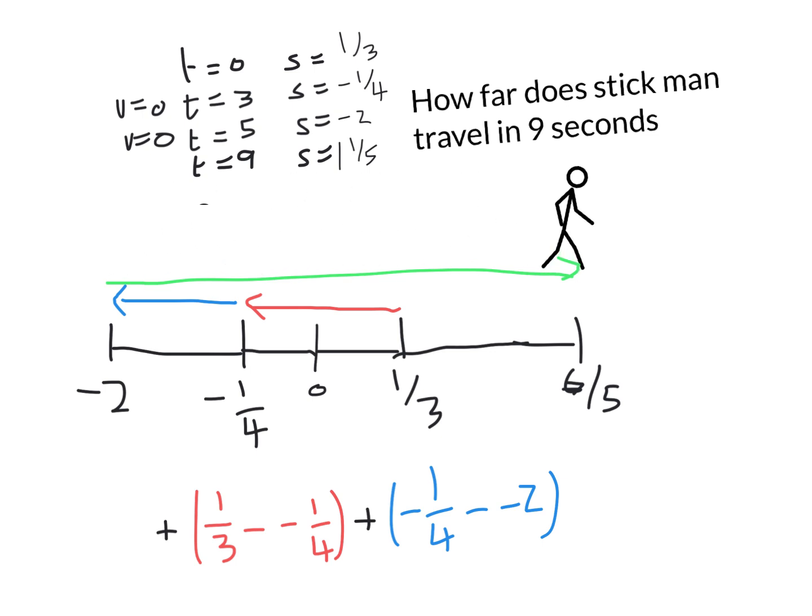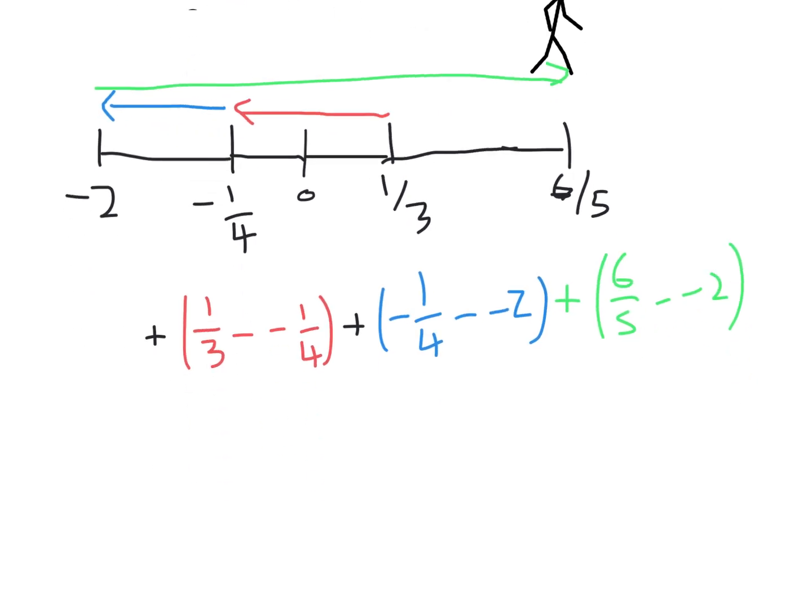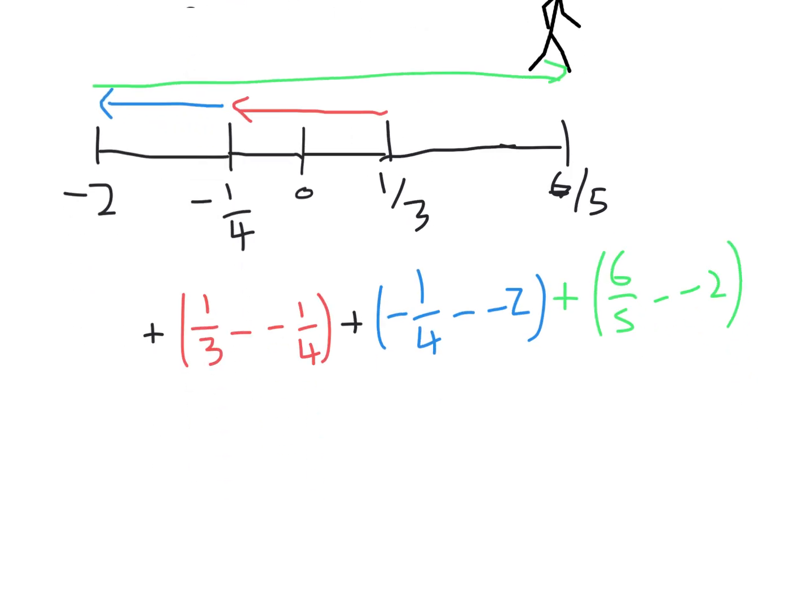How far is that distance? I get the bigger number and subtract the smaller number. So here we have 7/12. And then we have 1 3/4 or 7/4.